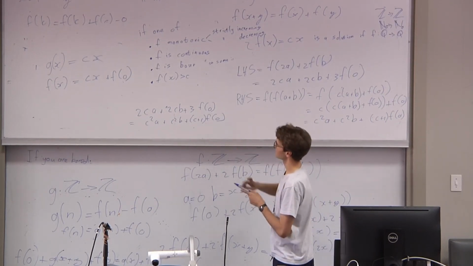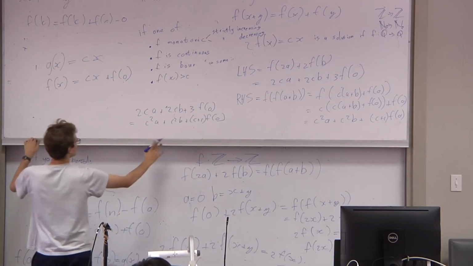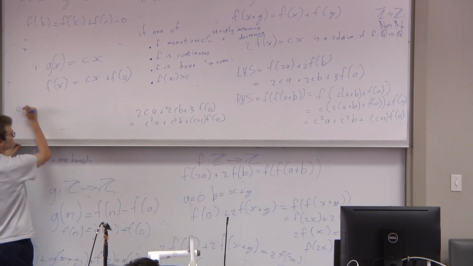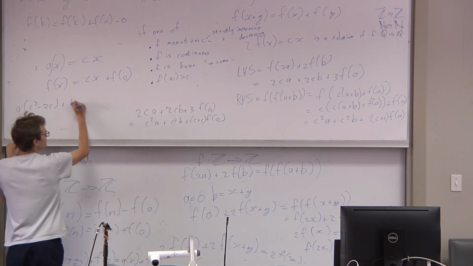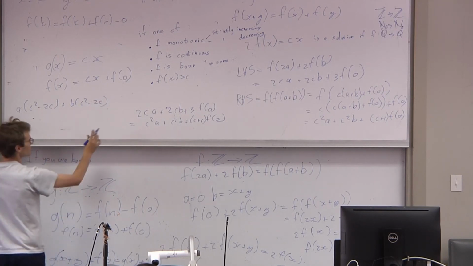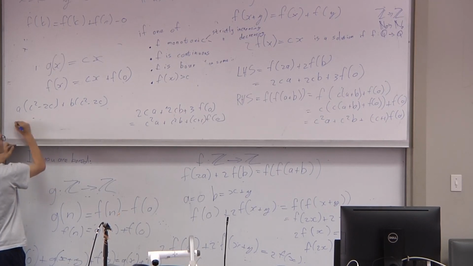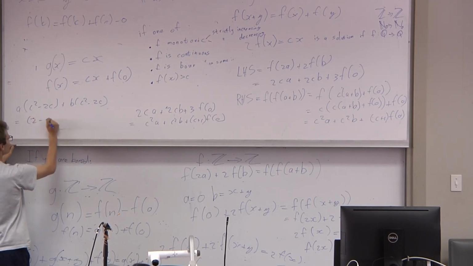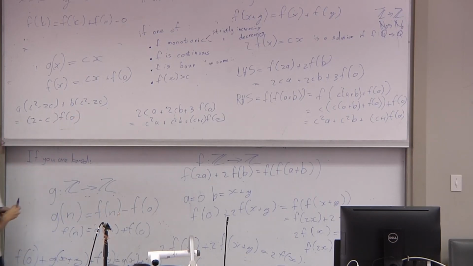Okay. So we can try and factorize that a bit. To the side, get a times c squared minus 2c, plus b times c squared minus 2c, is equal to 2 minus c times f of 0, I believe.